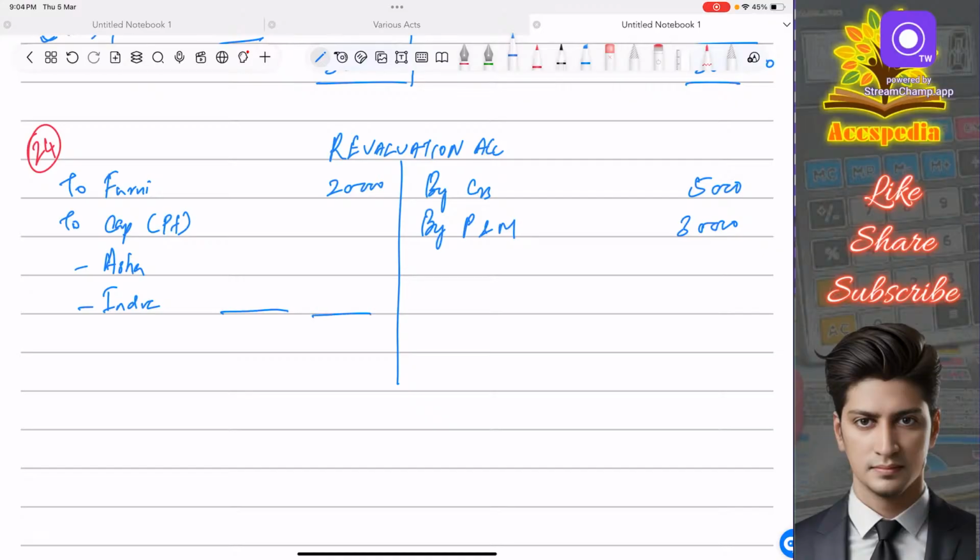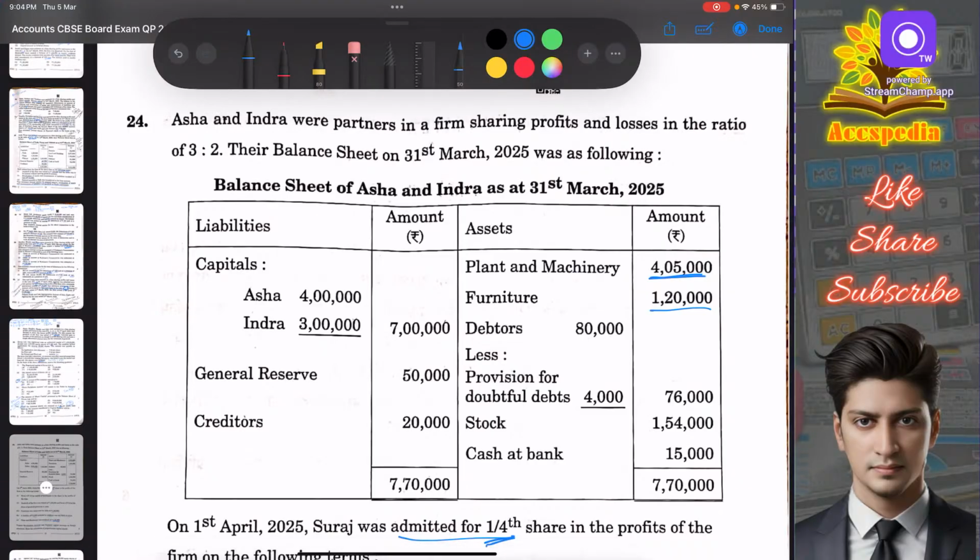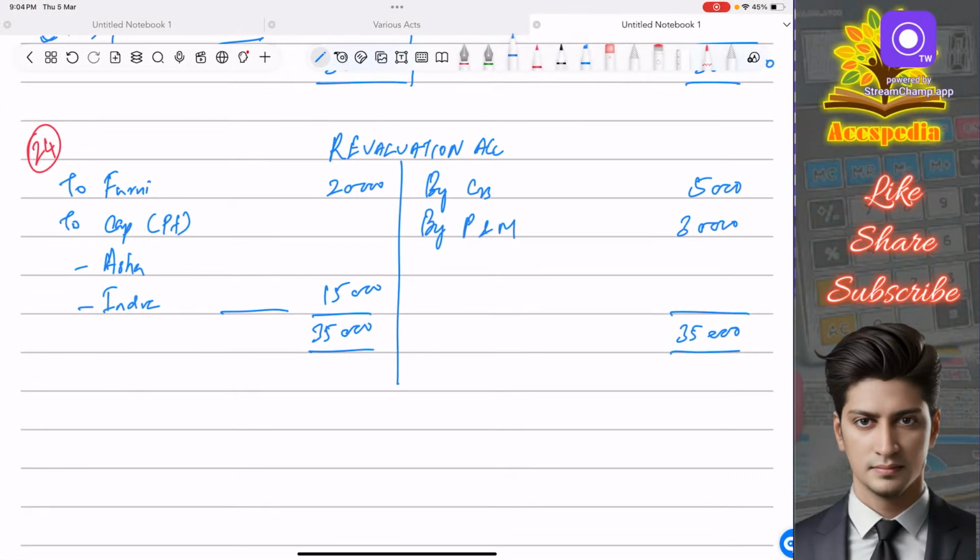So how much is the total? 35. So this side also it should be, difference is 15,000. The ratio is 3:2. Divided by 5, 3,000 into 3, 9,000, 3,000 into 2, 6,000. So this is the profit divided among the old partners.